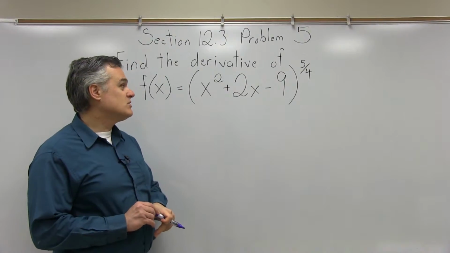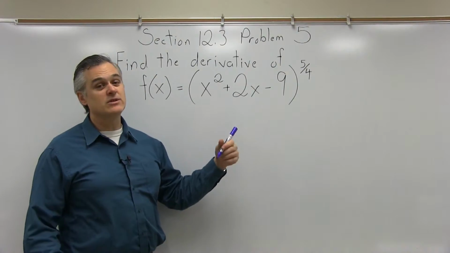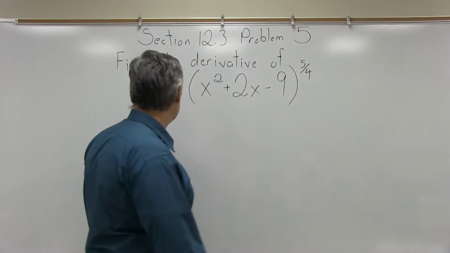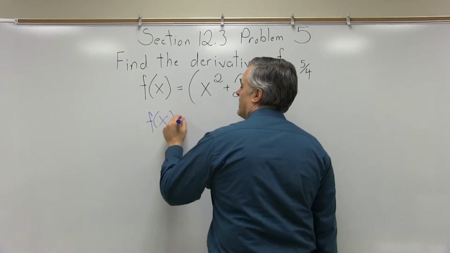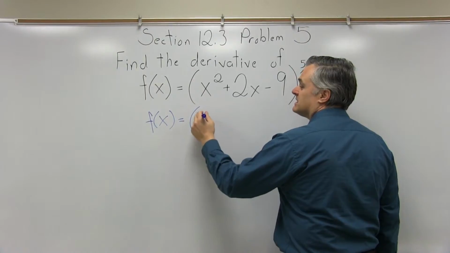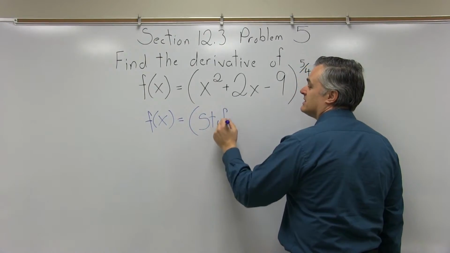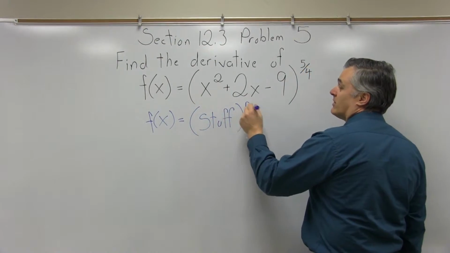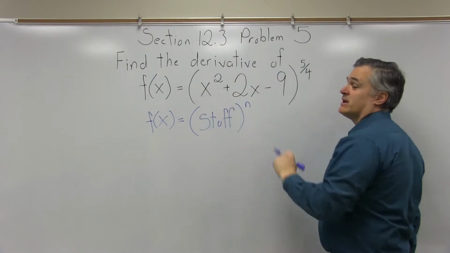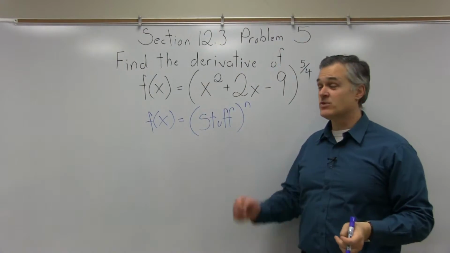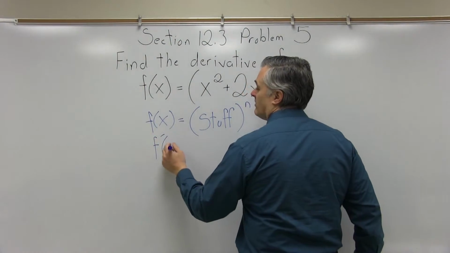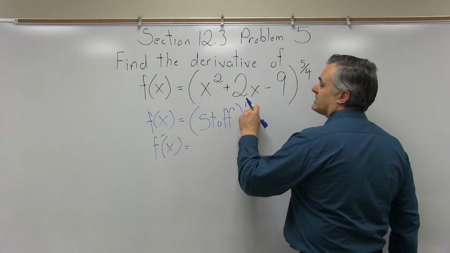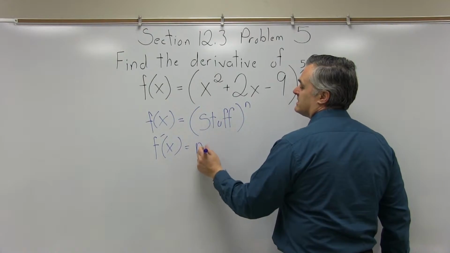So the first thing you have to do is recognize that you have a problem where you need to use the chain rule. And the chain rule says if your function is f of x equals some stuff in parentheses raised to a power, which is really what we have, the derivative is f prime of x equals, the exponent at the end comes down in front of the stuff.